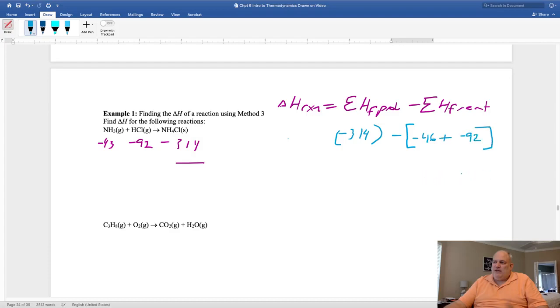Now, when we add all those together, we get a change in enthalpy for the reaction of minus 176 kilojoules, and this is important. The units are kilojoules per mole, because that is the unit that we use for enthalpies of reactions.